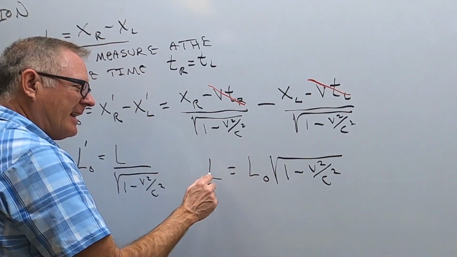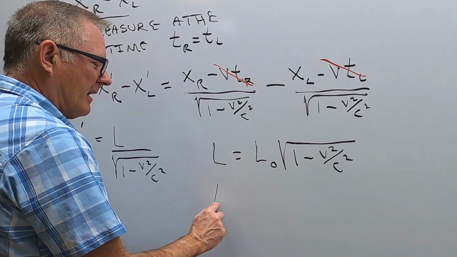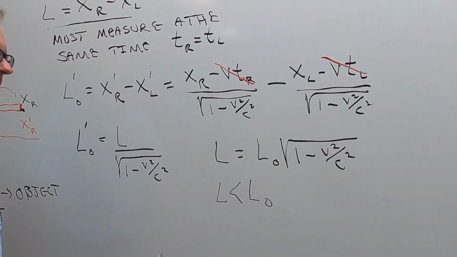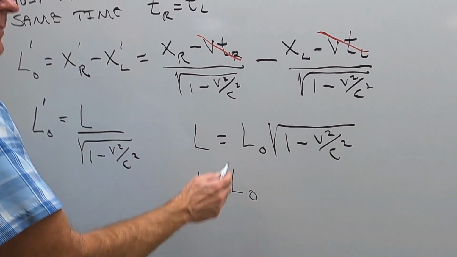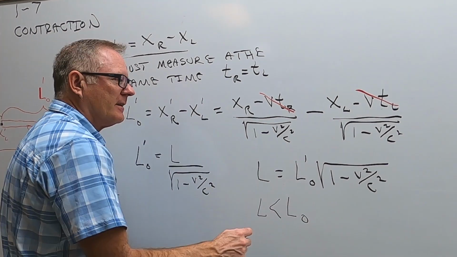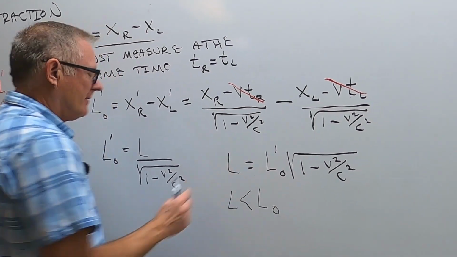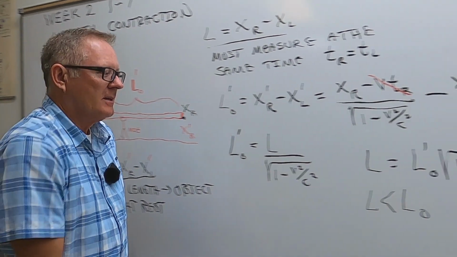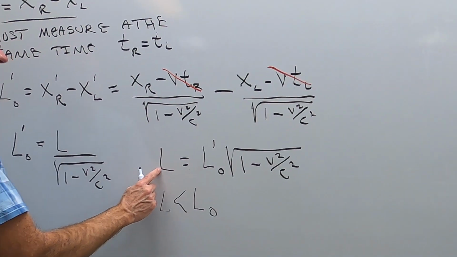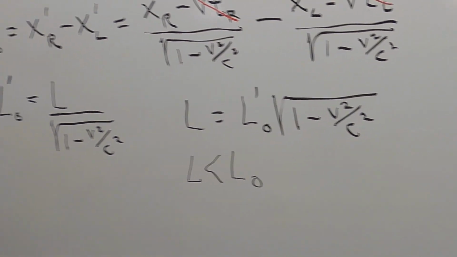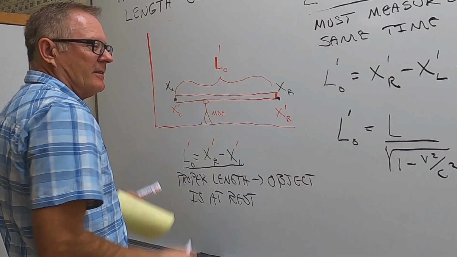That must mean that L is less than L naught. Remember, that's L prime right there. This is the length that Mo saw. The length that Fred sees is less. So Fred sees this shortened.